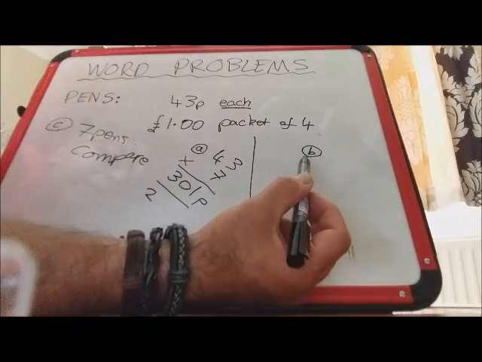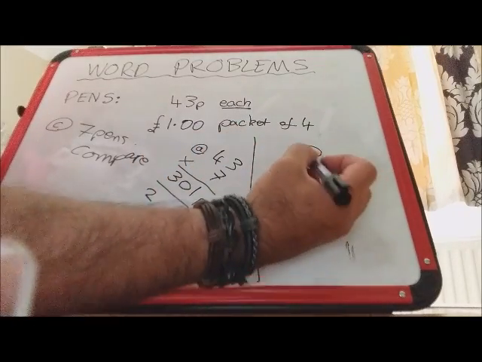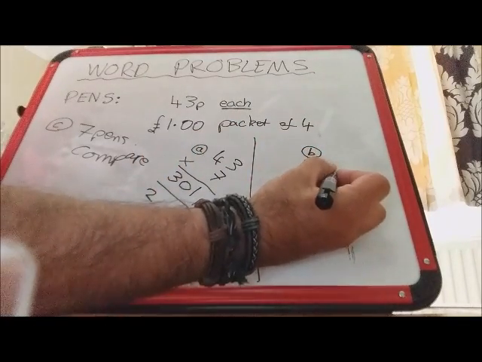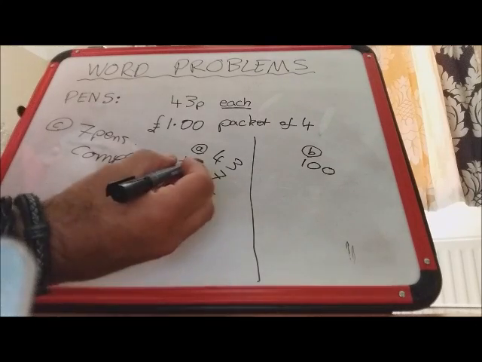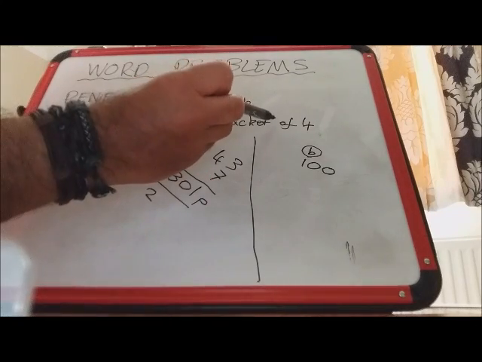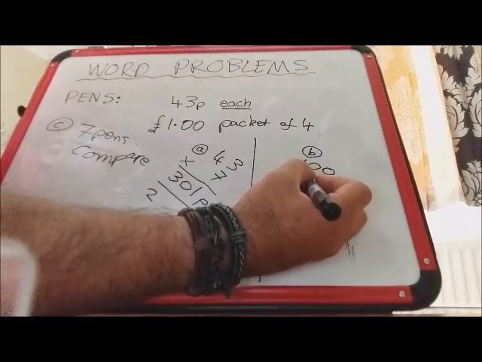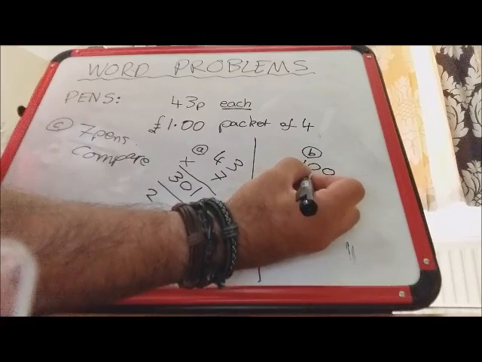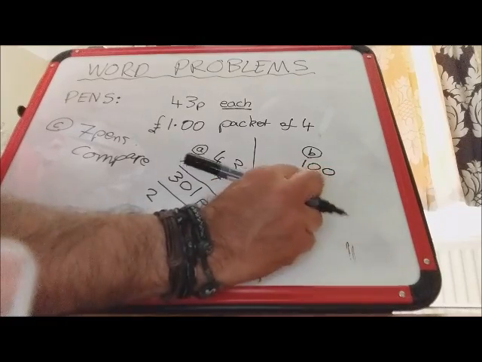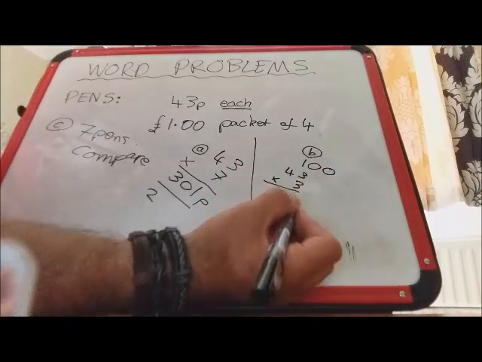Now method B, if you buy a packet of 4, that will cost you 100 pence. And then we need 7 pens altogether. You've got 4 there, so 7 minus 4 is 3. So we need 3 individual pens. So we need to do 3 times 43.